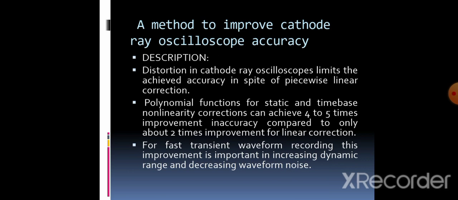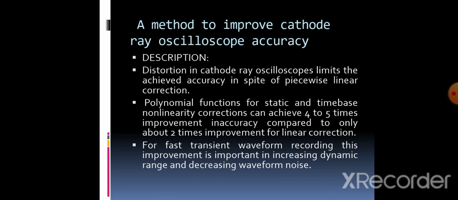Distortion in the cathode ray oscilloscope limits the achieved accuracy. With piecewise linear correction and polynomial functions of the static and time-based nonlinearity corrections, a 4 to 5 times improvement in accuracy can be achieved, compared to only 2 times improvement for linear corrections.